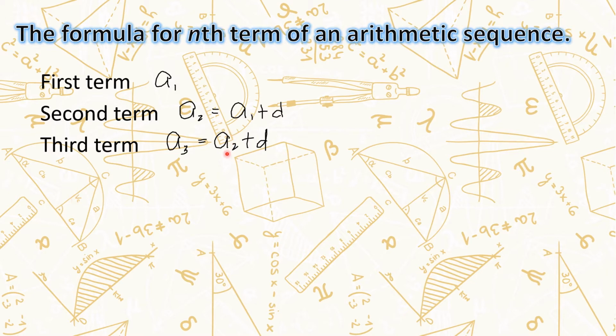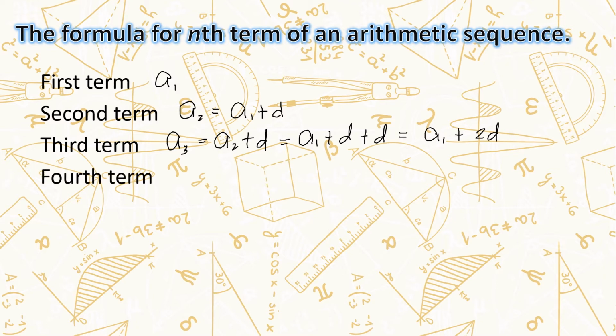But a sub 2 is equal to a sub 1 plus d. Hence, we have a sub 1 plus d plus d. Therefore, a sub 3 in terms of a sub 1 is a sub 1 plus 2d.